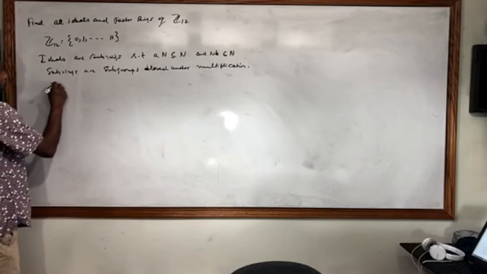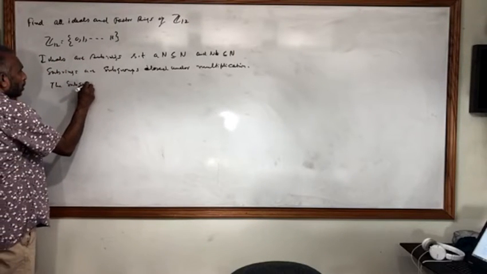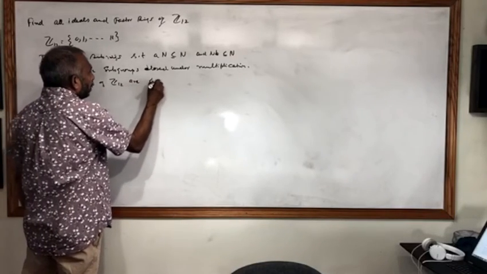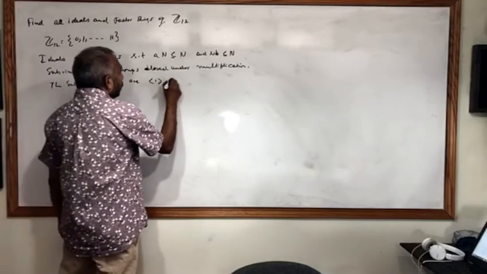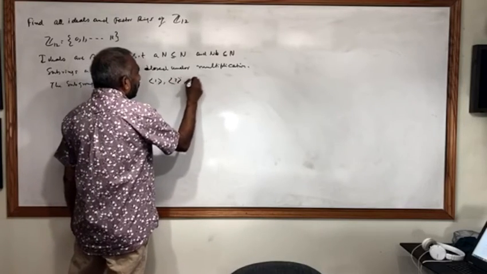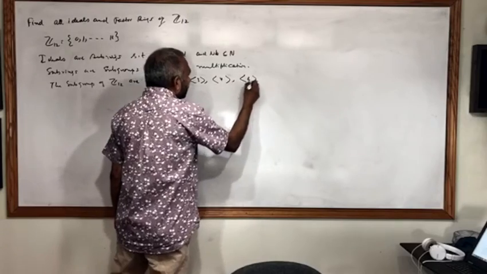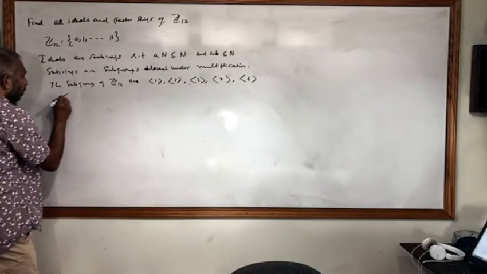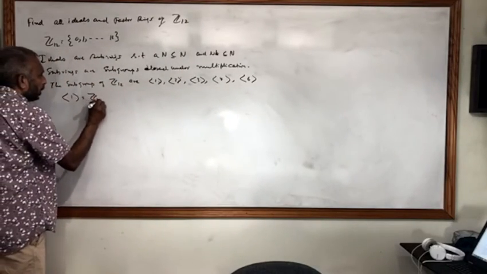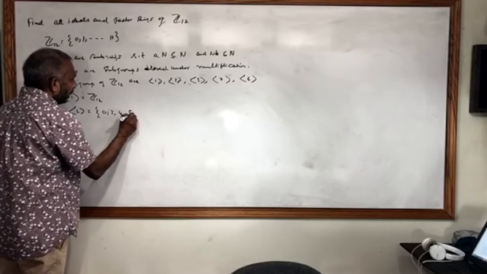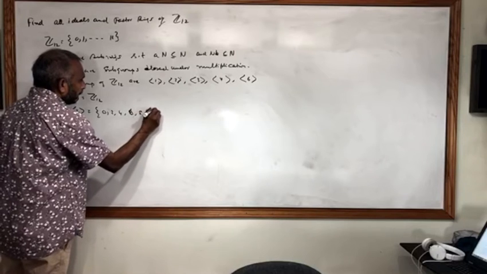So the subgroups of Z12 are generated by 1, 2, 3, 4 and 6. Actually 1 will be Z12, 2 will be 0, 2, 4, 6, 8, 10.